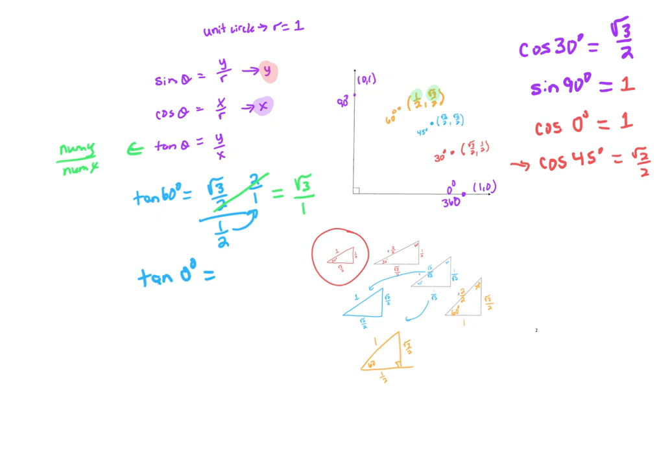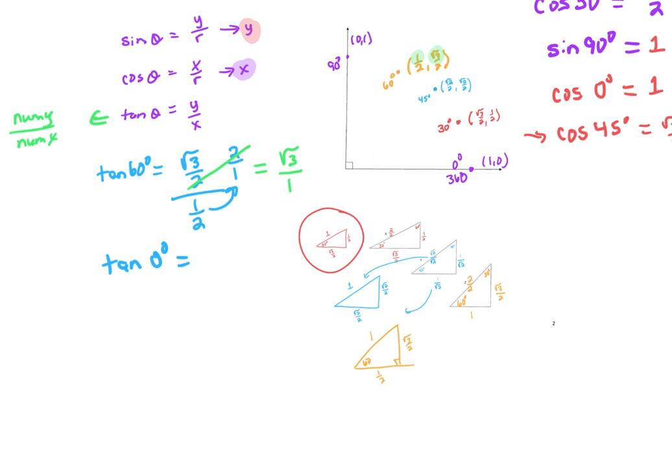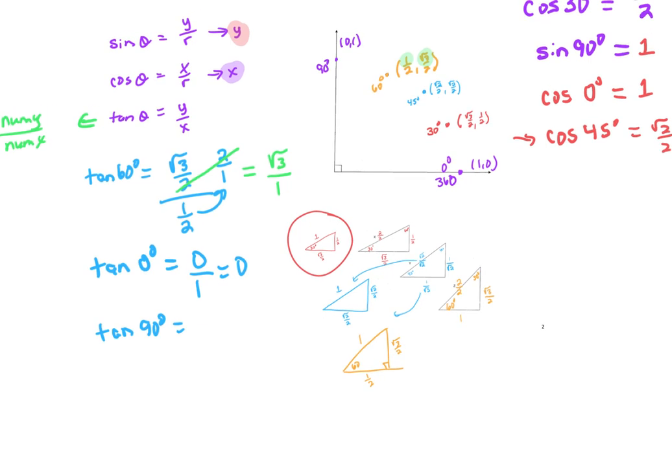So we're going to do the y, which is what? 0. 0 over the x, which is 1, and 0 over 1 we know is just 0, right? What about the tangent at 90 degrees? Caden, tangent at 90 degrees. We're going to do y, which is what? 1 over 0, good. And that is, we know that's undefined, right?